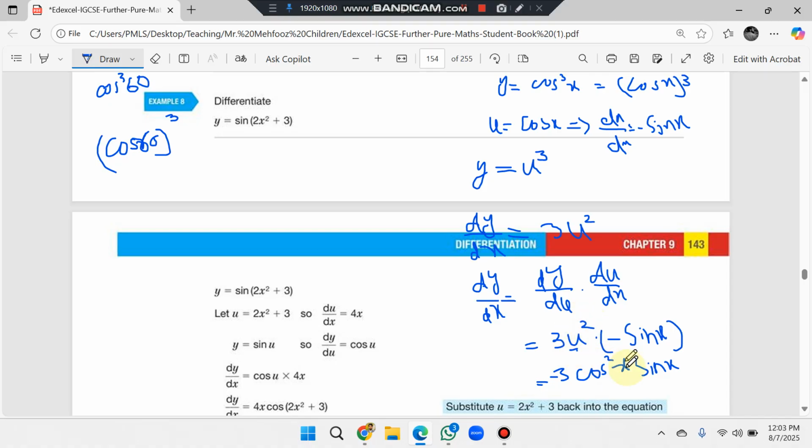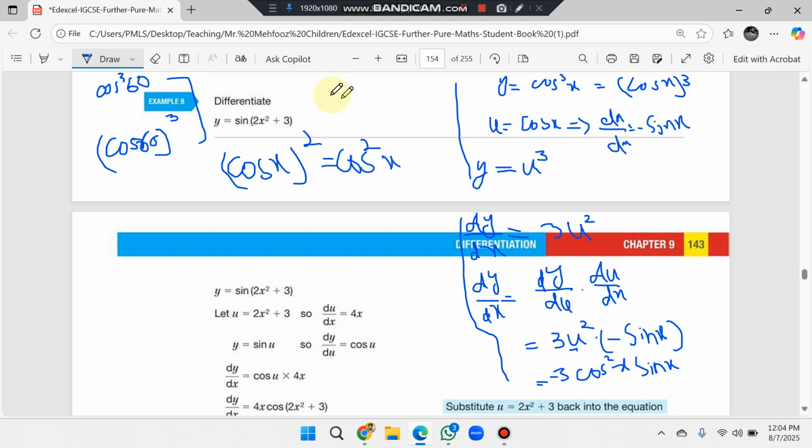So you can also write it as (cos x) square, that is equal to cos square x. Do you have any problem? No. Okay, this is basically the chain rule.